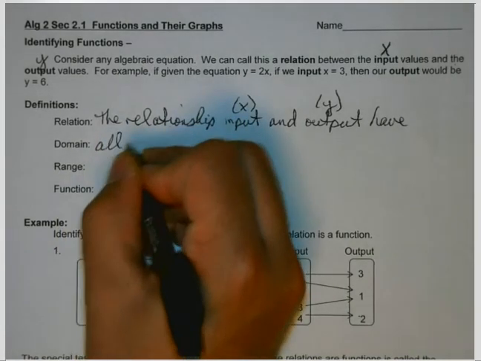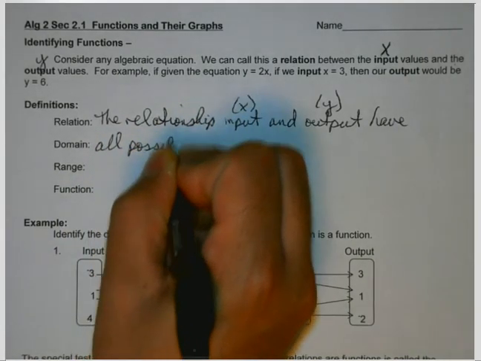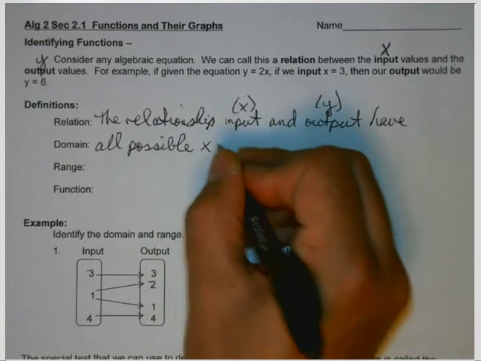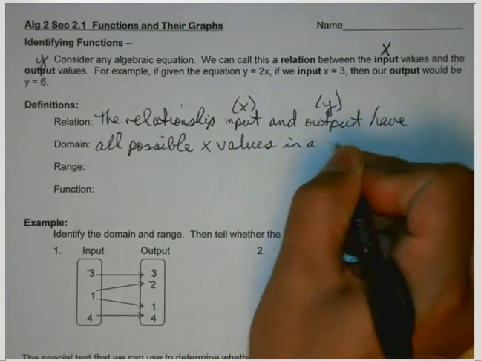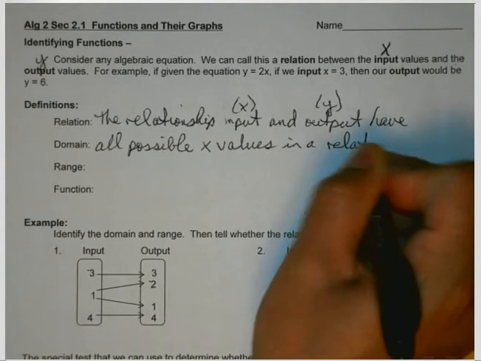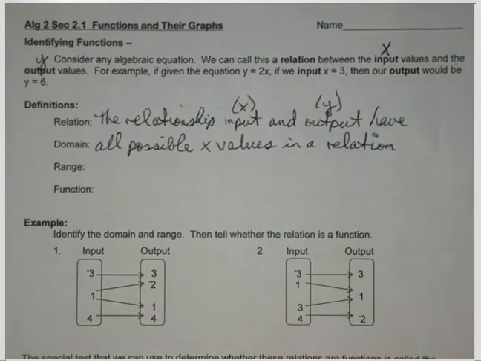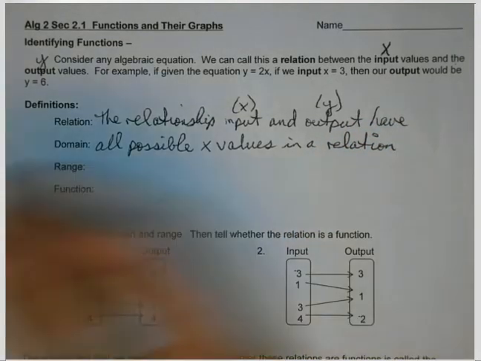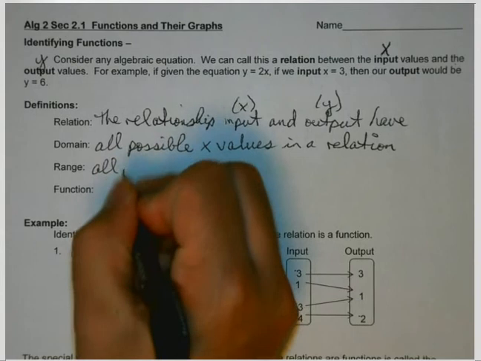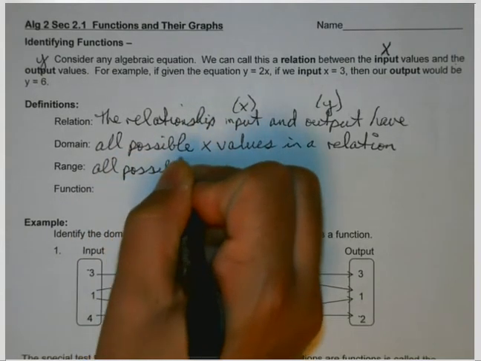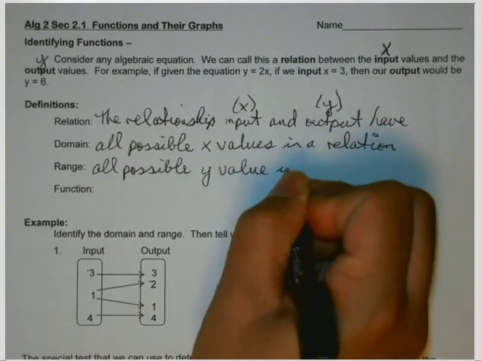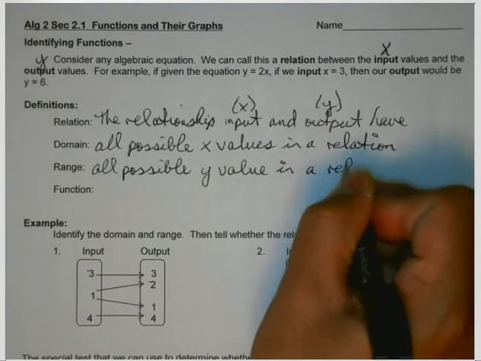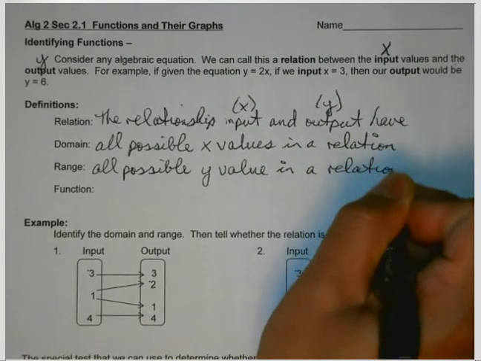Your domain is all possible x values in a relation. And sometimes they may be limited depending on what the equation is. Your range is going to be all possible y values in a relation. And again, that depends on what you're working with.